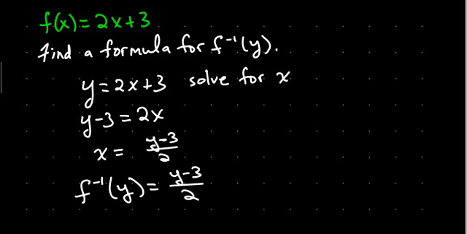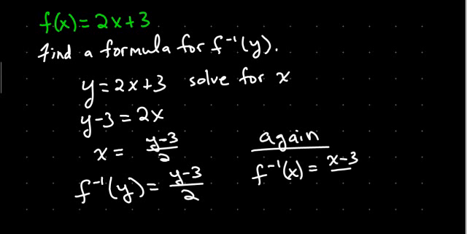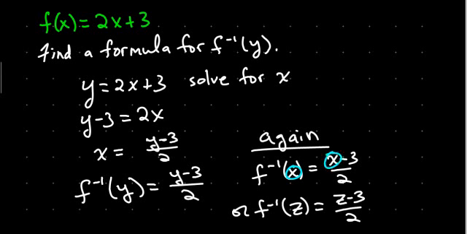Again, as in the last problem we said in the previous video, you're perfectly fine saying f inverse of x equals x minus 3 over 2, or f inverse of z equals z minus 3 over 2. Doesn't matter, as long as that variable and that variable match up.